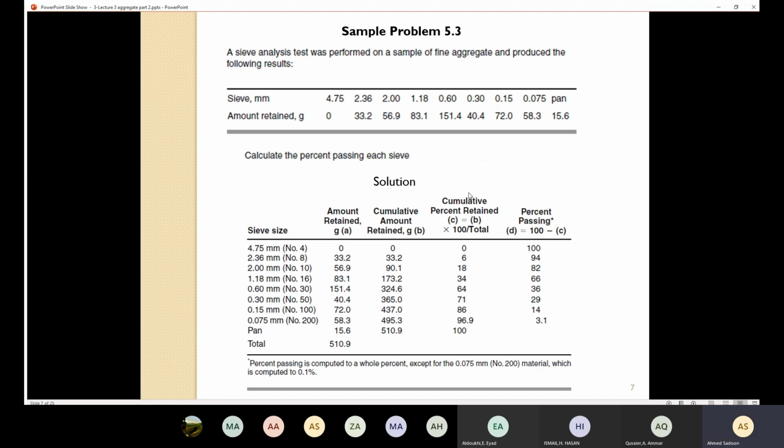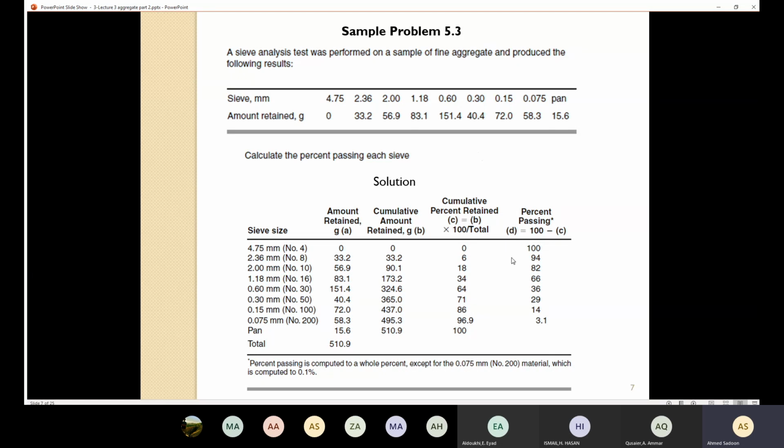Then I'm going to determine the percentage of the cumulative amount. The percentage is going to be this value over the total, this value over the total, and this value over the total. So the last one is going to be 100%. If this one is the cumulative percentage retained, it means that the percentage passing is going to be 100 minus this value, and so on.